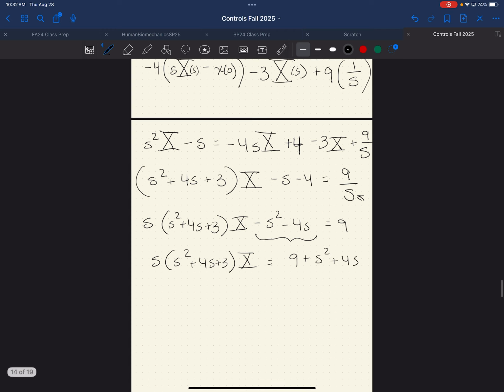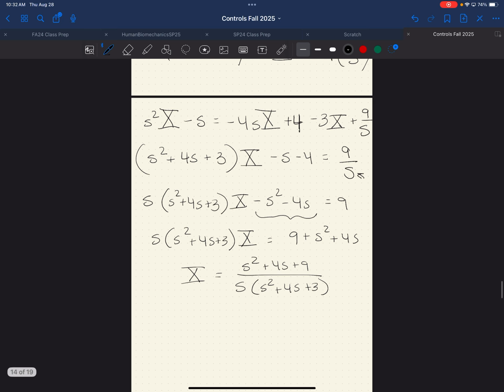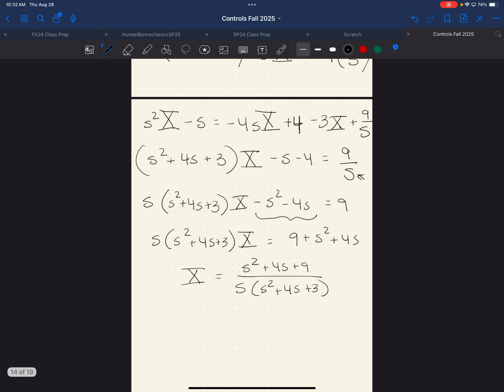Now I can divide and I'll have X on its own. So I'm going to just write this a little more pretty: s squared plus 4s plus 9 over s squared plus 4s plus 3. Okay. Sweet, we got X isolated.